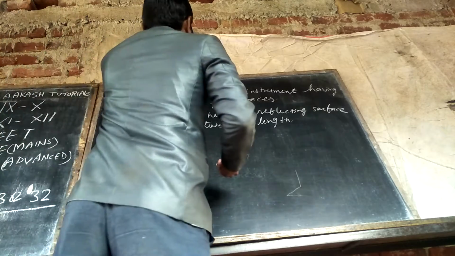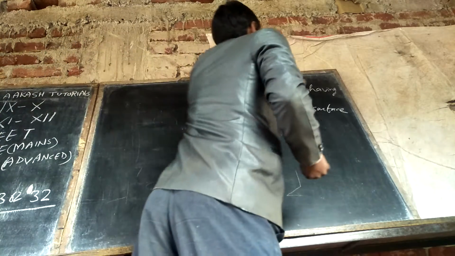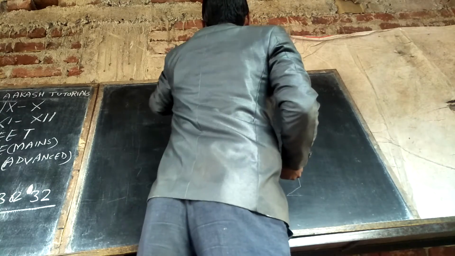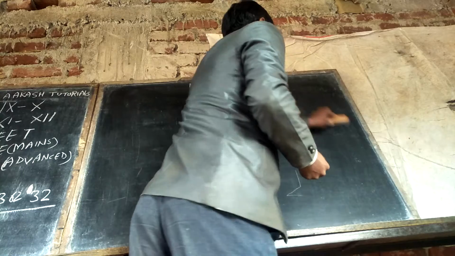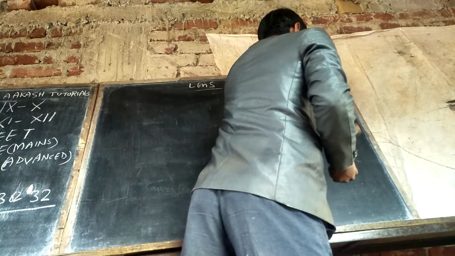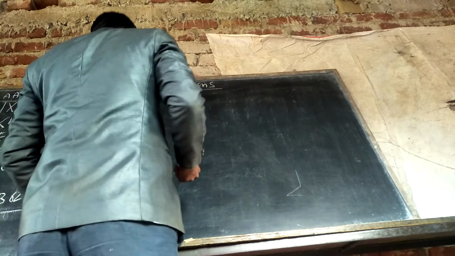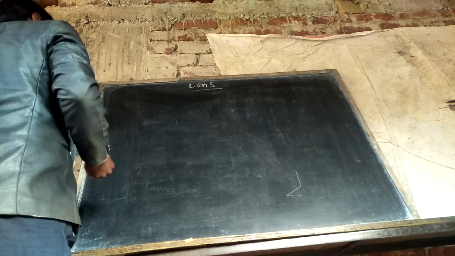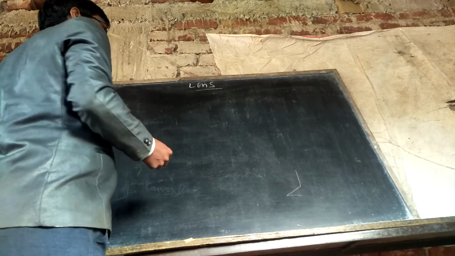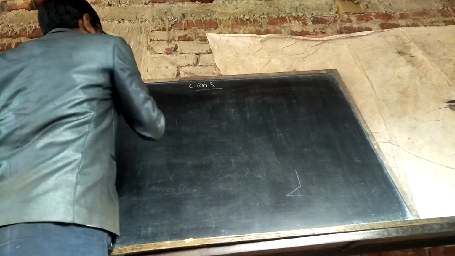Now we will study the path of rays when a ray of light strikes on a lens. Then we will study the nature, size and position of the image formed when an object is placed in front of a convex lens.